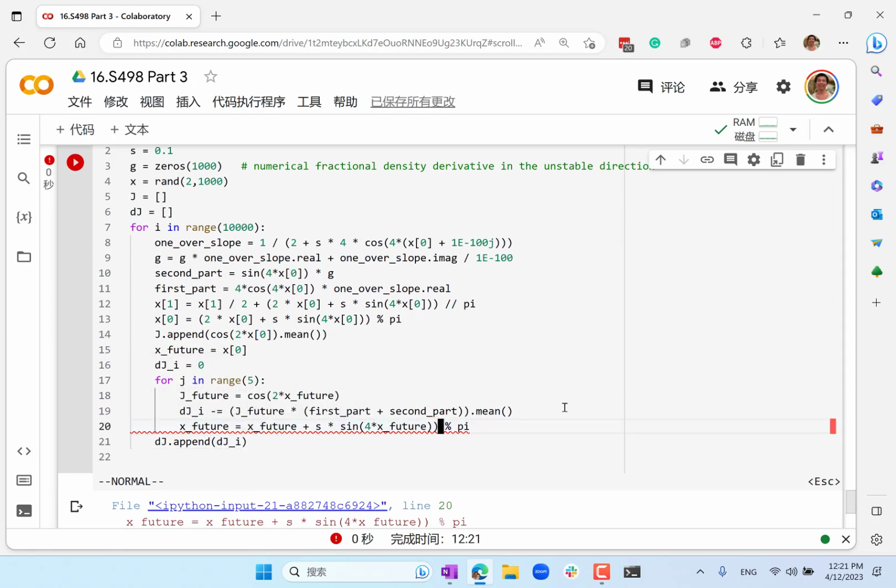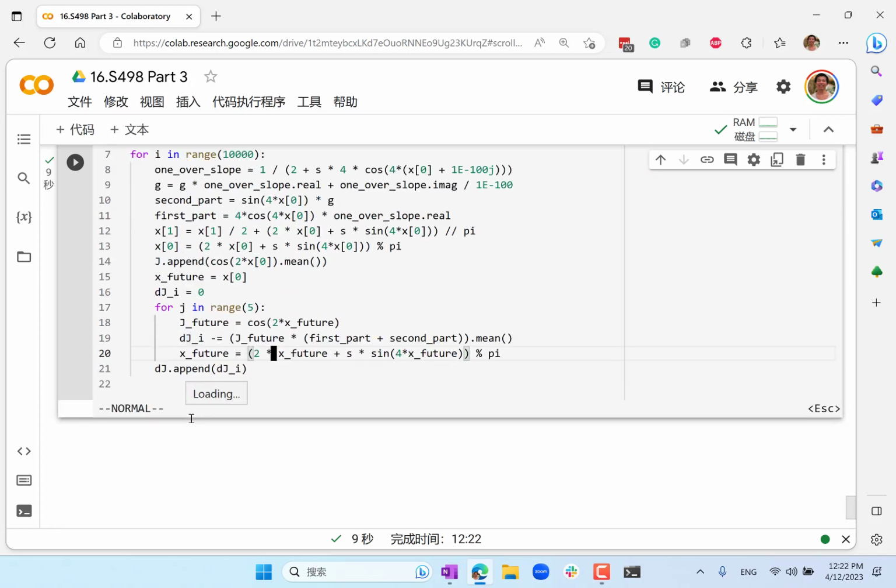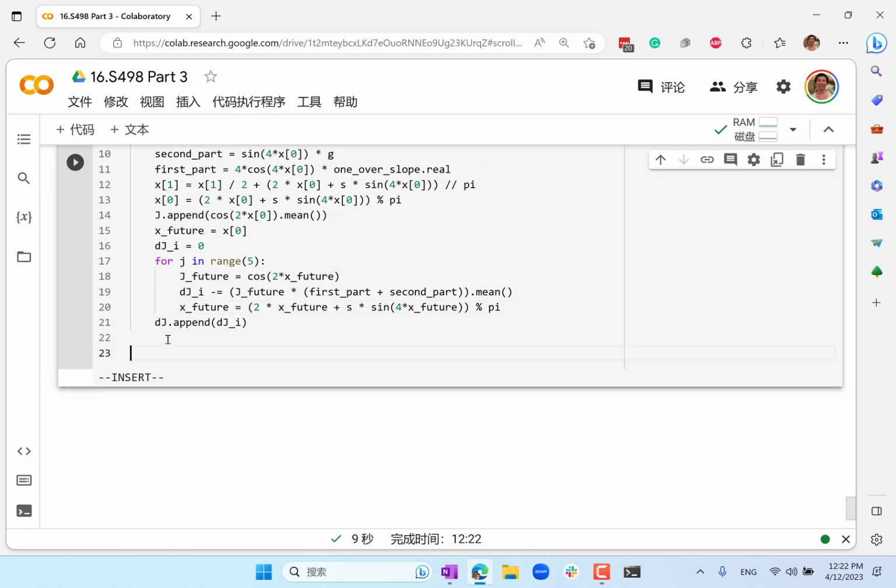Matched parentheses. Yeah, 2 times. Yeah, so this is the entire loop where we computed the j over every iteration. We also computed the contribution to dj over the entire iteration.